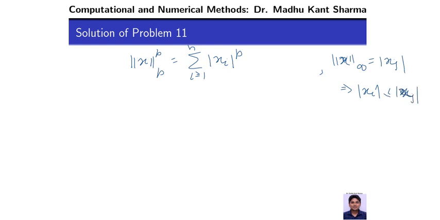So you have n times |xj|^p. This implies the p-norm of x is less than or equal to n to the power 1 by p times |xj|, which equals n to the power 1 by p times the infinity norm of x.